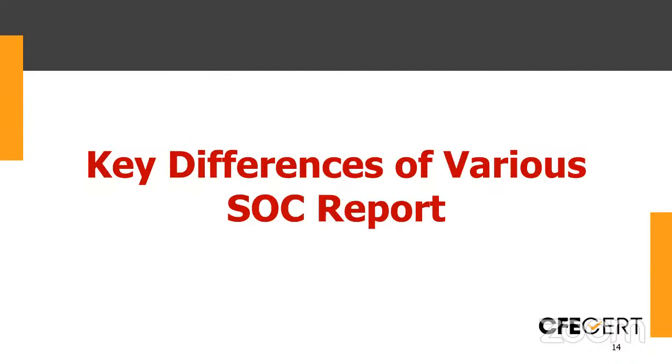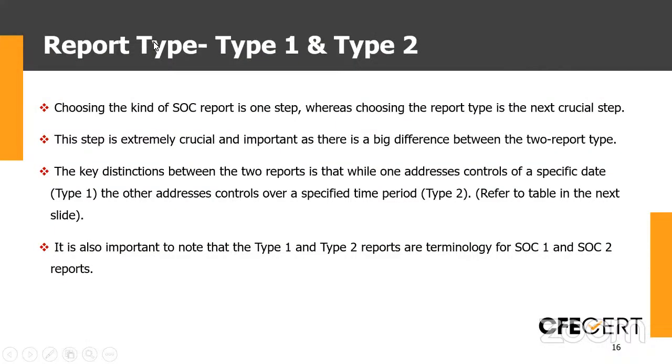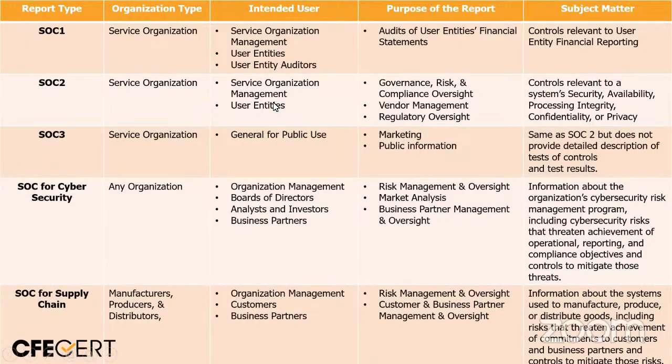Moving on, we have the key differences between the various SOC reports. As you can see, we have tried to summarize the different aspects of different SOC reports and the key differences, how they are different from each other. You can see here the organization type we have for SOC 1, SOC 2, SOC 3 as the service organizations.